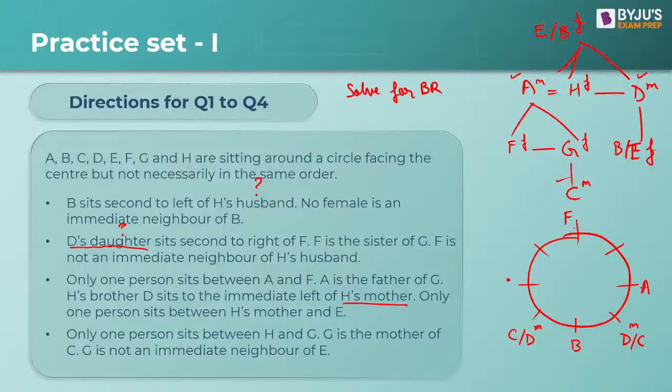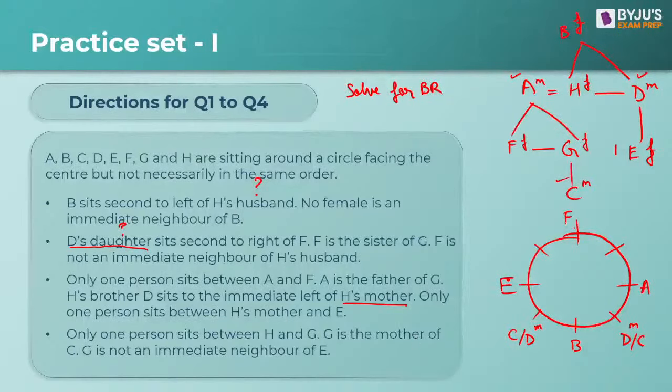Now this person cannot be B. So that means E is the daughter of D and B is the mother of H and D. So this gives us that this is E. Okay. So we get the position of E as well.